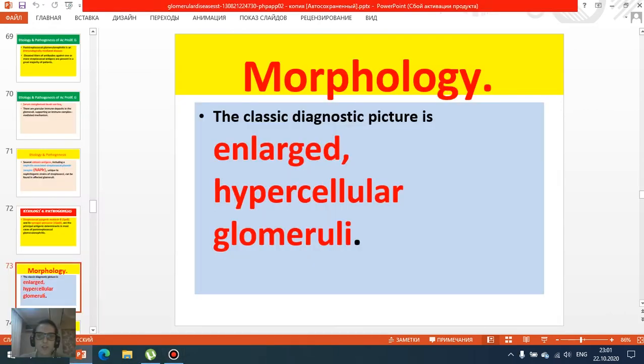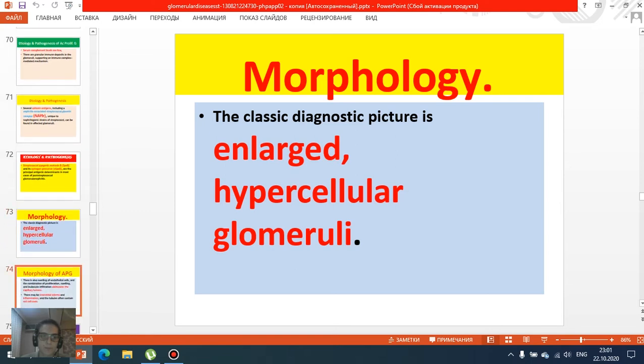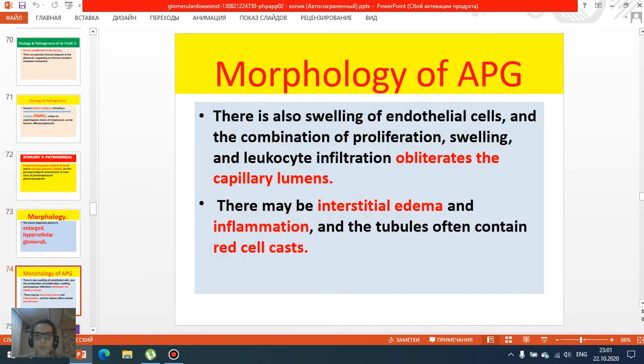There are enlarged hypercellular glomeruli. Morphology of acute post-streptococcal glomerulonephritis. There is also swelling of endothelial cells, and the combination of proliferation, swelling, and leukocyte infiltration obliterates the capillary lumens.